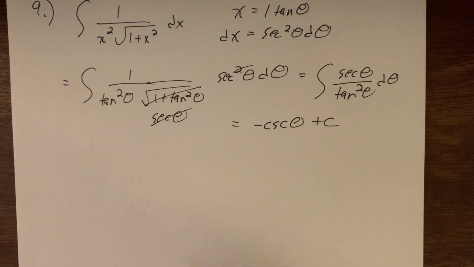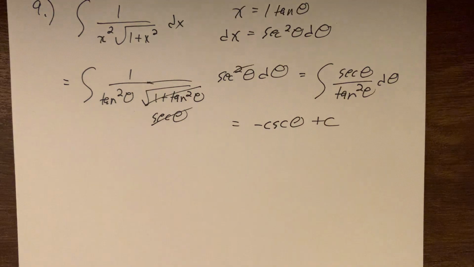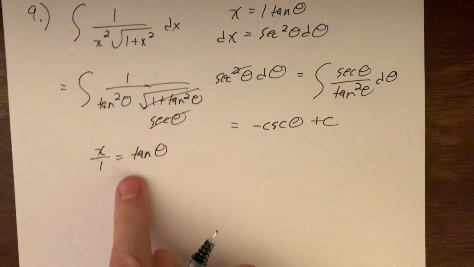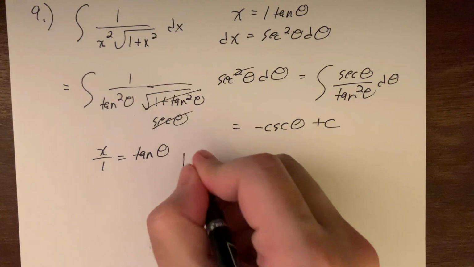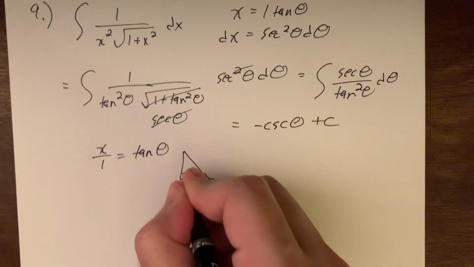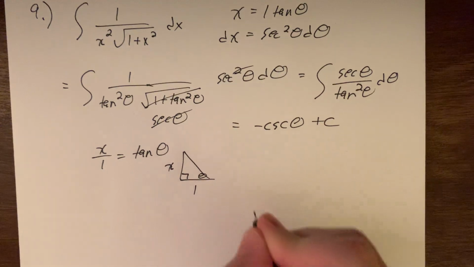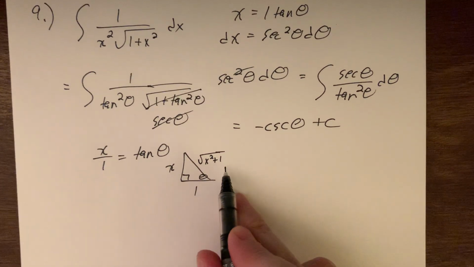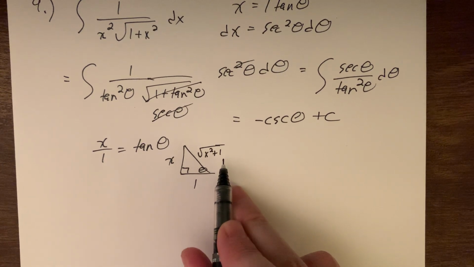So here we're going back to x equals 1 tan theta. So x over 1 equals tangent, my right triangle, x over 1, Pythagorean theorem, there's my third side. I hope you realize, everybody, I'm doing that in my head.